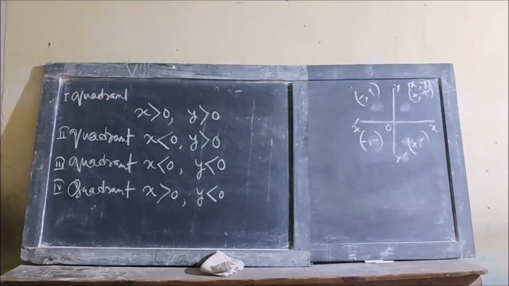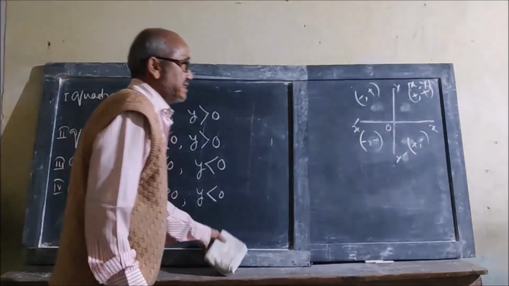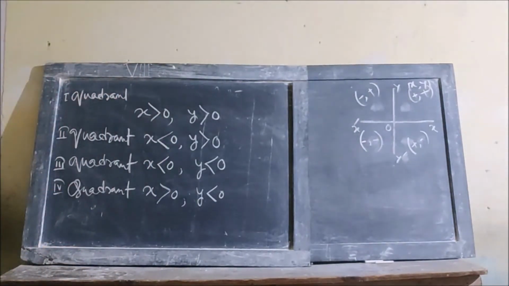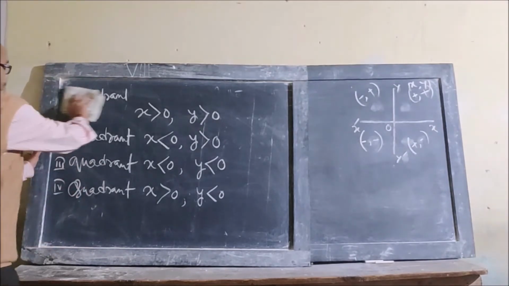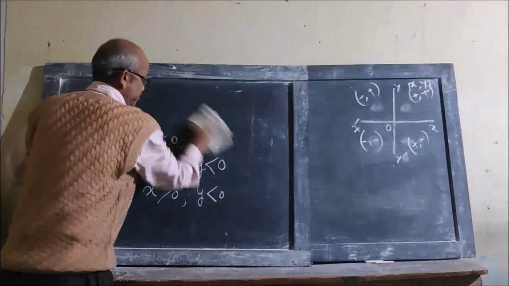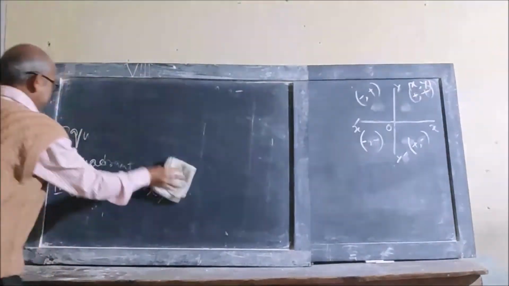That is the rule of the sign, the sign convention of the Euclidean plane or quadrant.